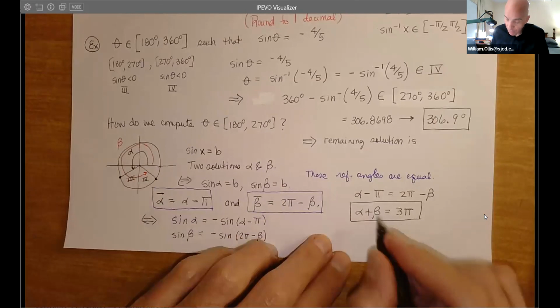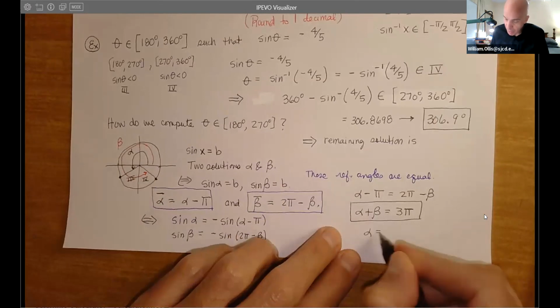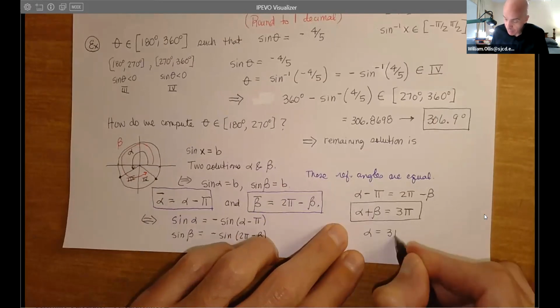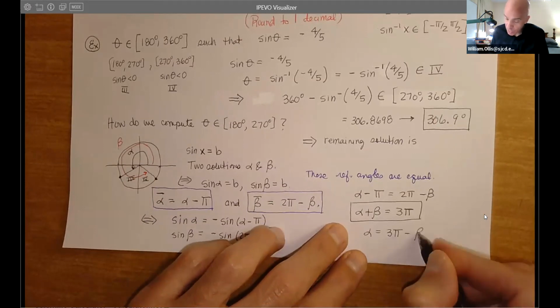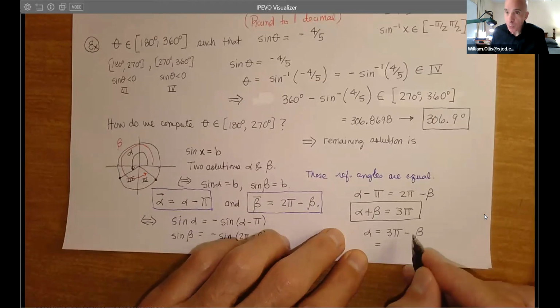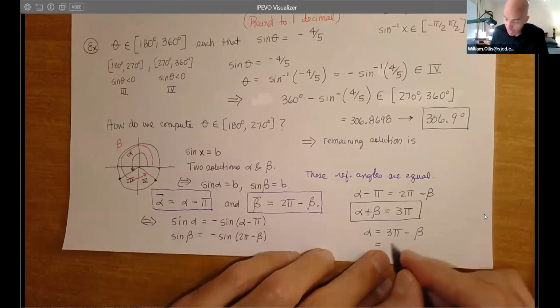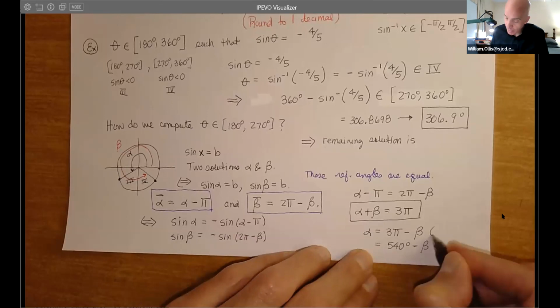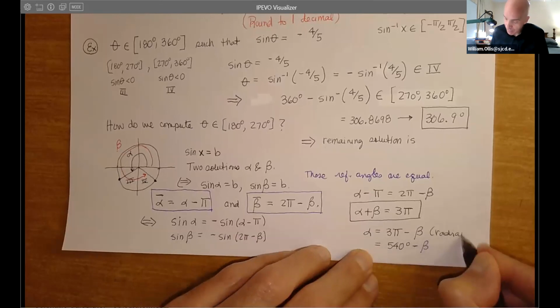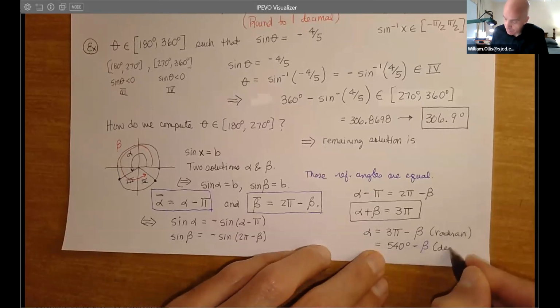Alpha will just be 3 pi minus beta, or if we think in terms of degrees, 360 plus 180, that's 540 degrees, minus beta if we're in degree mode. So here this would be radian, and this would be degree.